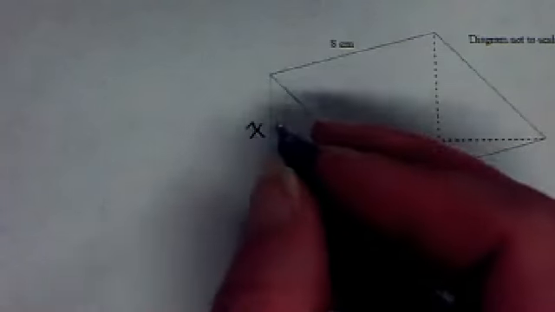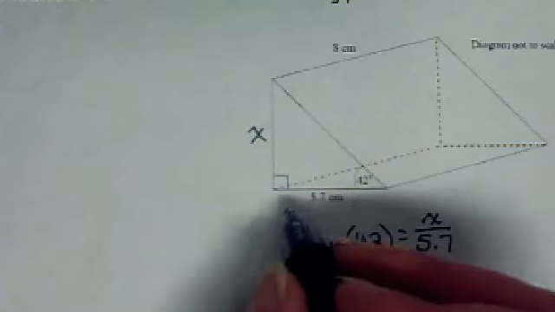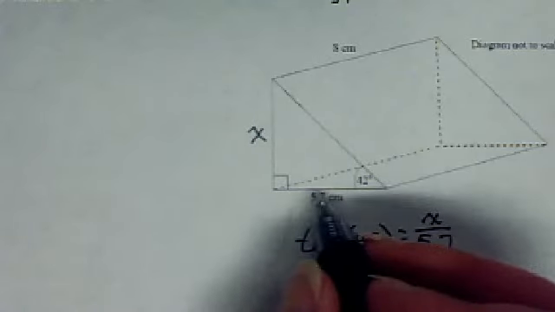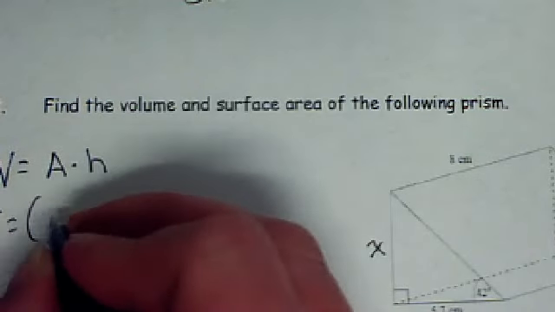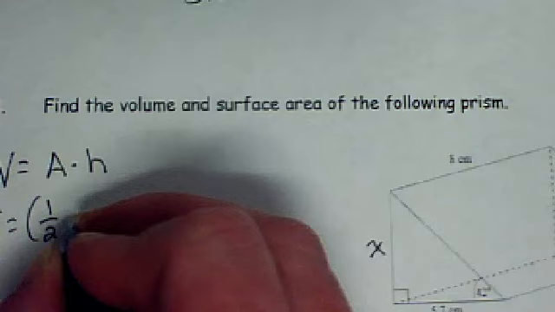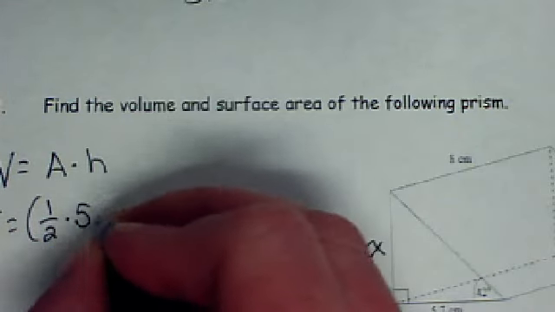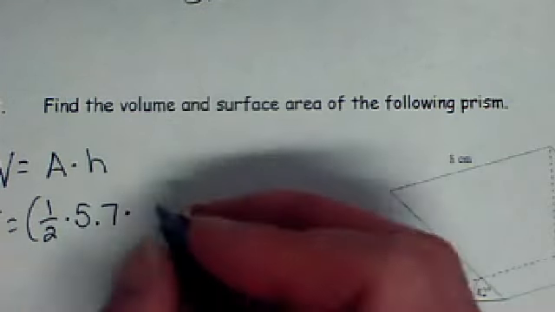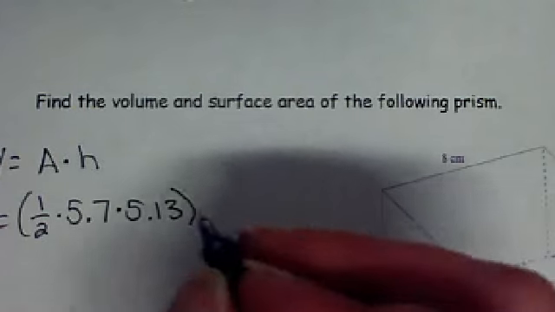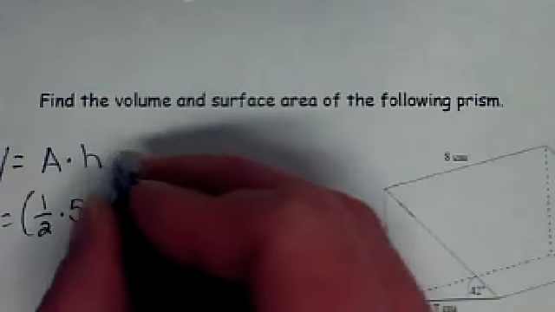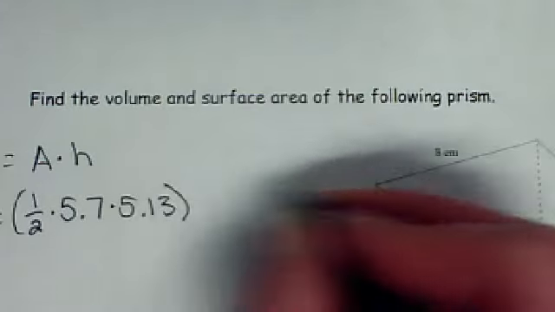Now, the area of that base is going to be 1/2 the base of the triangle times the height of the triangle. Times the height of the whole prism.